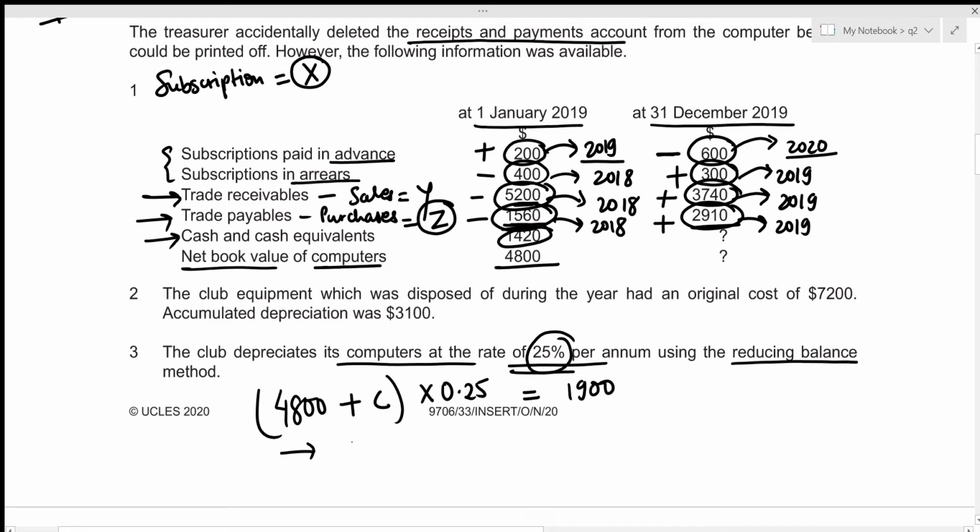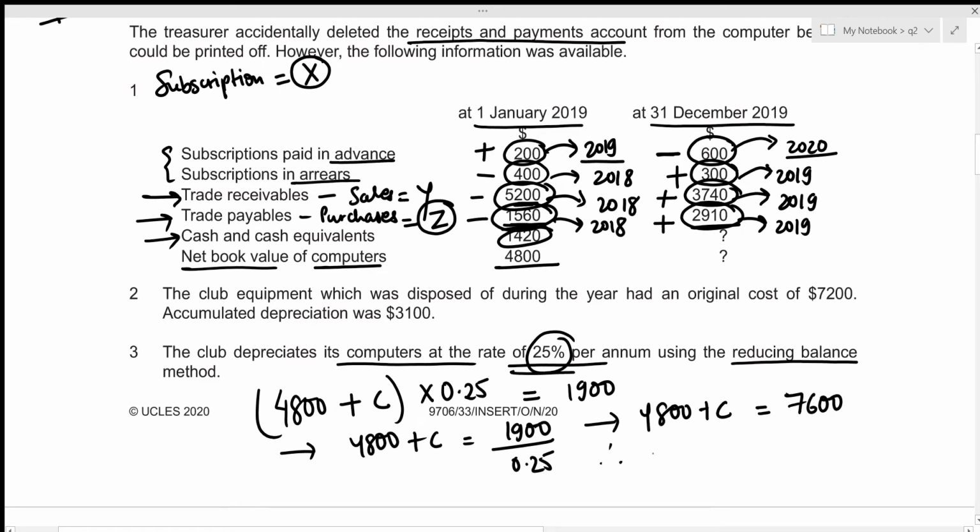So that's going to be 4800 plus C multiplied by 0.25 equals 1900, and this is just 4800 plus C equals 1900 divided by 0.25, which is 7600. All right, then this gives the value of the new computer purchase to be 7600 minus 4800, which results in the value of 2800.